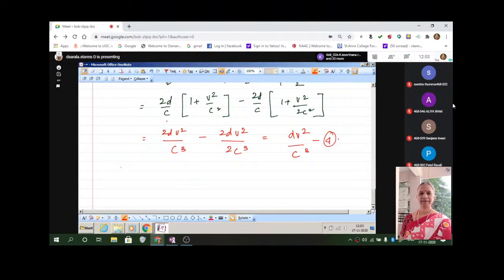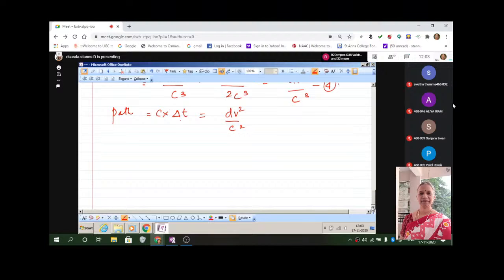If this is the time difference, then the path it travels will be given by c into delta t, the time into the velocity of light. That will be equal to d v square by c cube times c, so d v square by c square. This path is nothing but the wavelength.